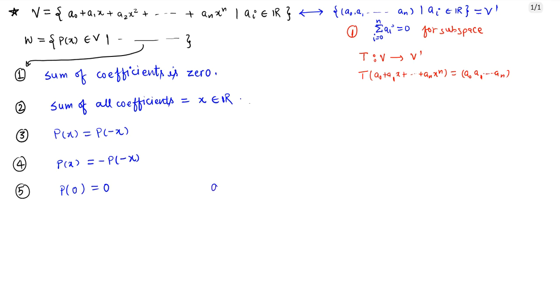ये बताइए, क्या मैं a1x plus a2x square and so on a n x to power n लिखूं? This is a polynomial belongs in fifth or not? This type of polynomials exist in fifth point. We have no constant polynomials, but in fourth you have only a1x, a3x cube, and so on, means odd polynomials.